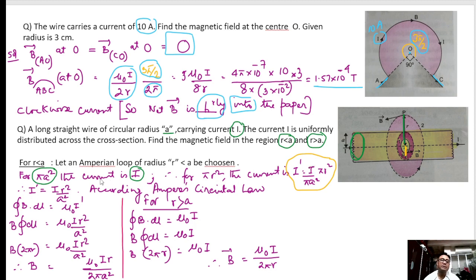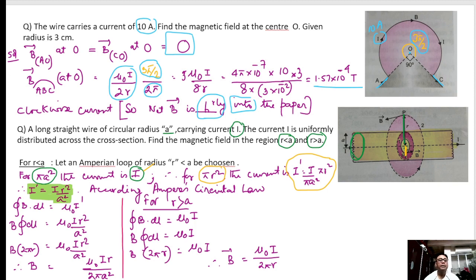For the whole cross section pi a square, current is I. So for the cross section pi r square, the current should be this much. So this is the current flowing only in that section of radius r.